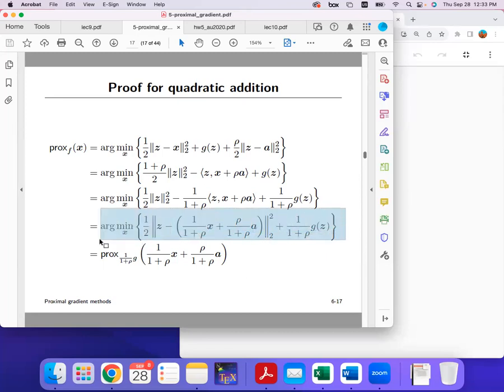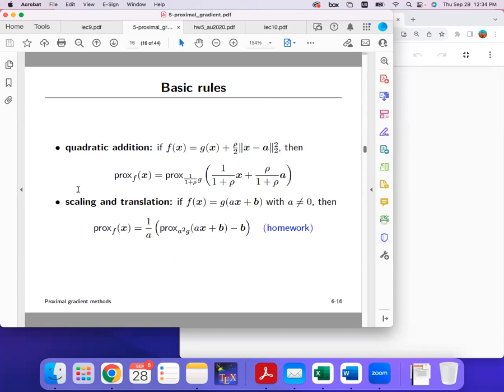And this falls into the standard definition of our proximal mapping. So this is the proximal mapping associated with this function, and then the mapping is evaluated at this point. That's why we end up with the final expression. So we can follow this idea, and we can easily prove all the other properties.